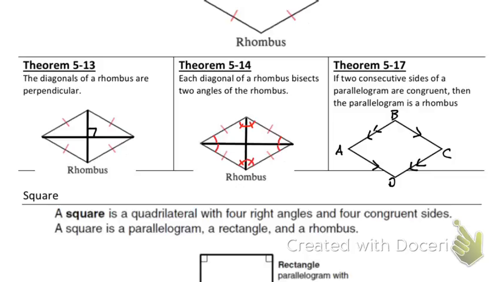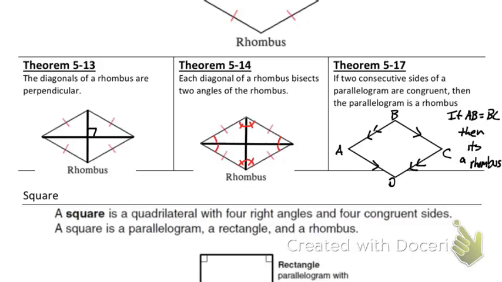All I'd have to say is, if AB equals BC, then it's a rhombus. I just need to prove that 2 consecutive sides are congruent, then all 4 have to be congruent. Because it's a parallelogram, as soon as I say AB and BC are congruent, that automatically means that DC and AD are also congruent to it as well.